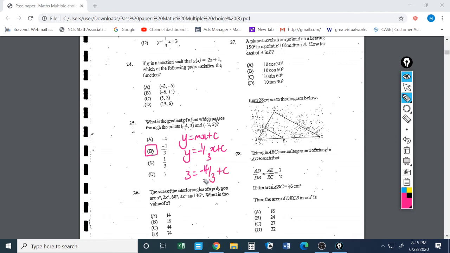And then this negative 4 over 3 can go over to the right side, and I'm going to end up with c is equal to 3 plus 4 over 3. So I'm going to end up with c being 4 and 1 over 3. Cool. So this is my y-intercept. That's basically what my y-intercept is. That's what c is.